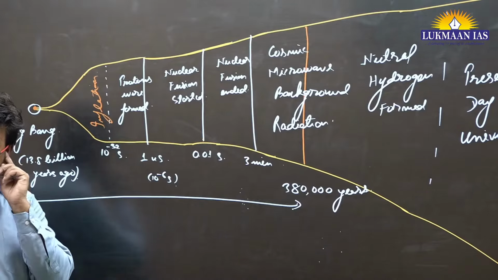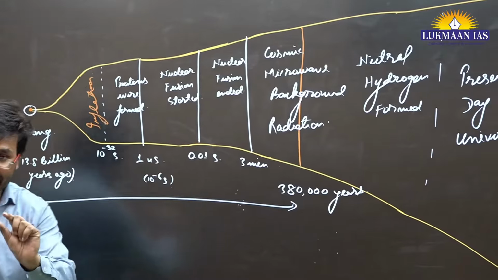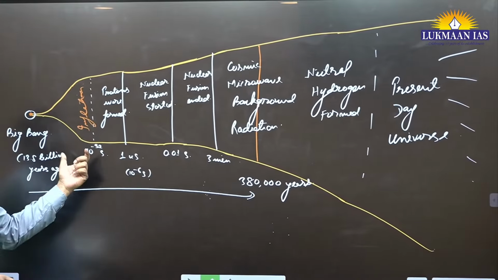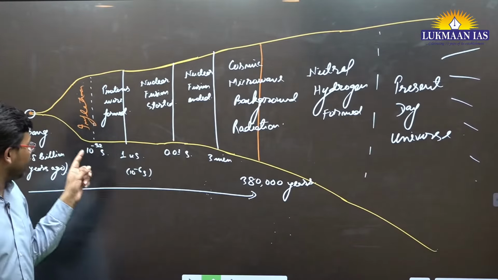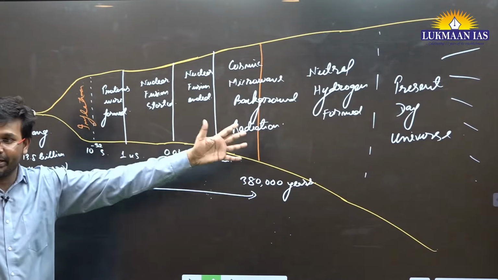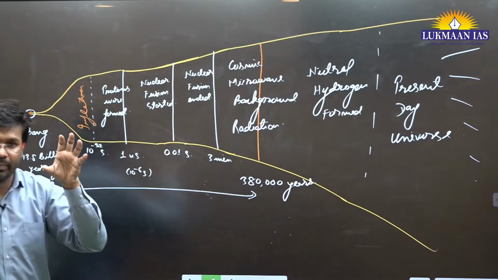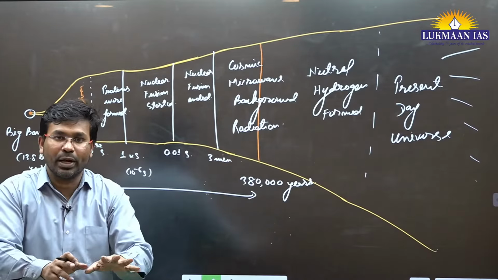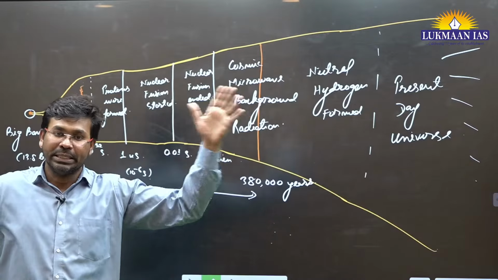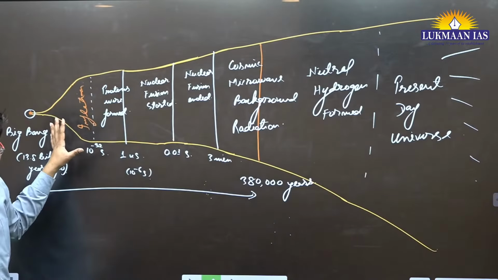If we talk about the structure of the universe, since it formed, what has happened? The Big Bang happened within a fraction of a second, 10 raised to power minus 32 second, and it inflated, right? After an atom bomb is thrown, within a fraction of a second, it explodes. Similarly, the Big Bang happened, okay?